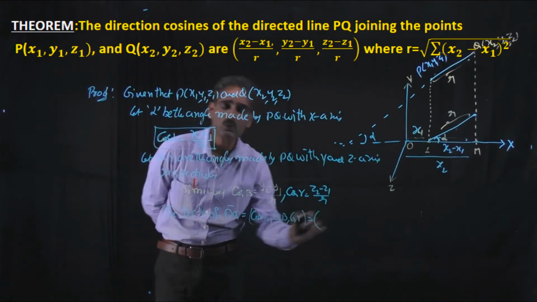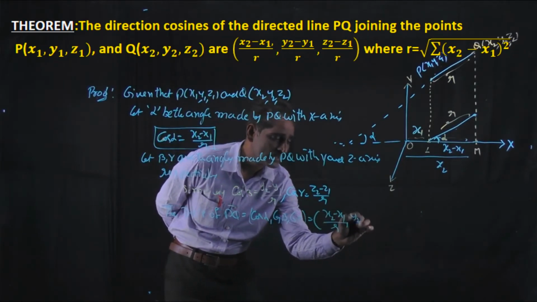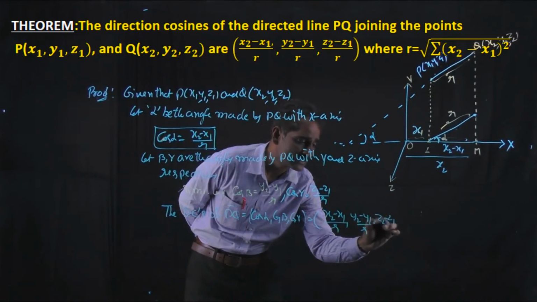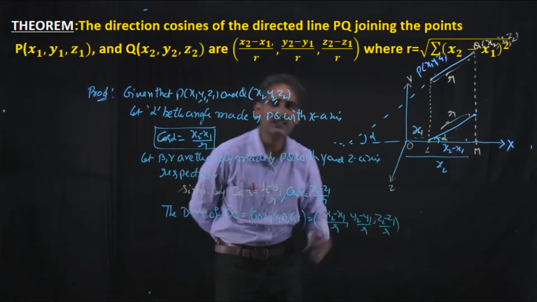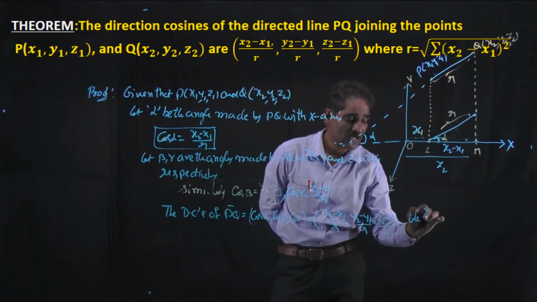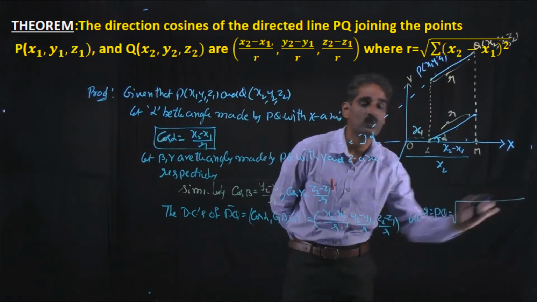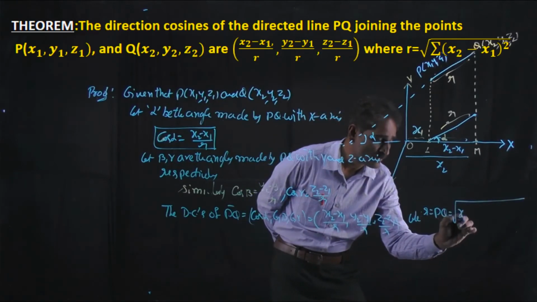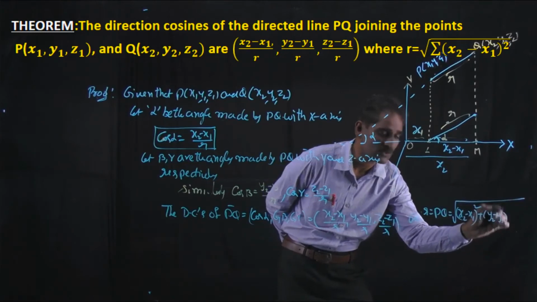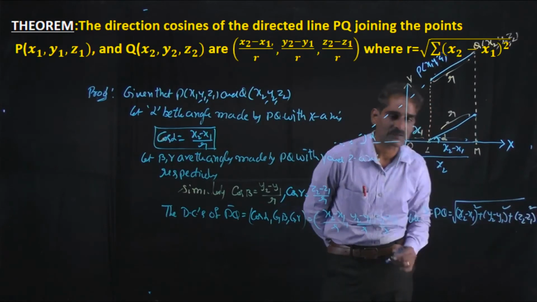That is equal to x2 minus x1 by r, y2 minus y1 by r, z2 minus z1 by r, where r is nothing but the distance between P and Q. Therefore, r is equal to the PQ length, that is equal to root of x2 minus x1 whole square plus y2 minus y1 whole square plus z2 minus z1 whole square.